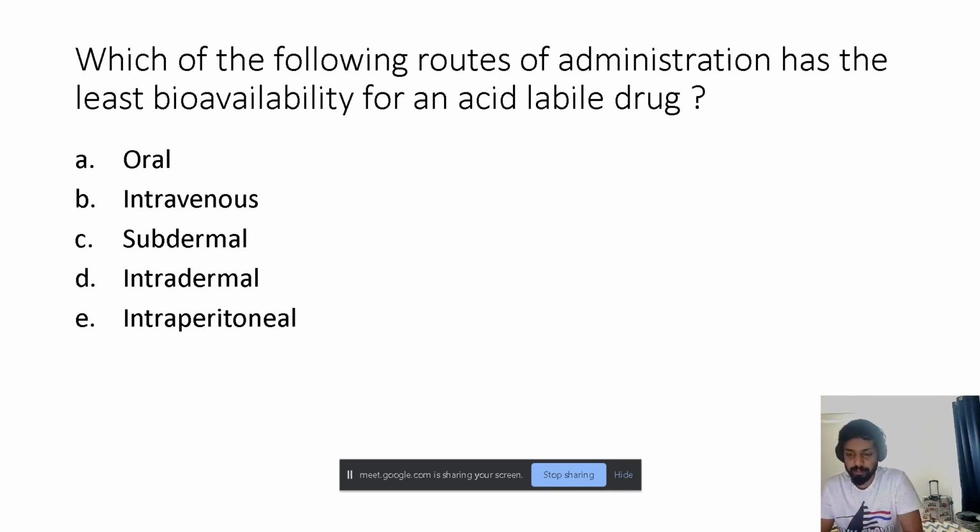Option A. Yeah, so oral, right? If you give the drug orally, it will go into your stomach where there's acid, so the pH is quite acidic. So the drug will degrade and will not have very high bioavailability.